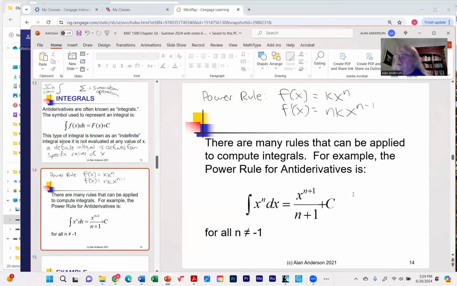So you notice the difference with when we're differentiating, we're subtracting 1 from the exponent. Here we're adding. Don't forget the c. And of course, we can't do this if n is equal to -1. We have to try something different. But for any other real number, this is our power rule.